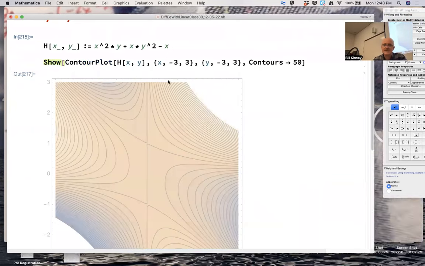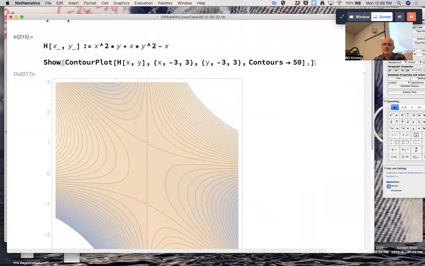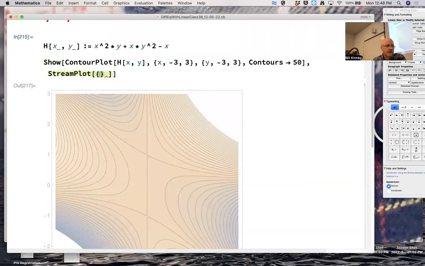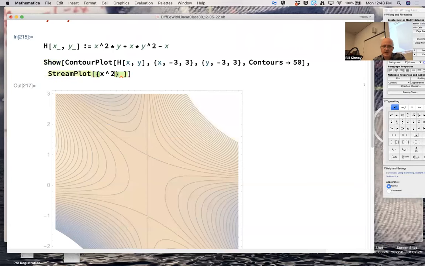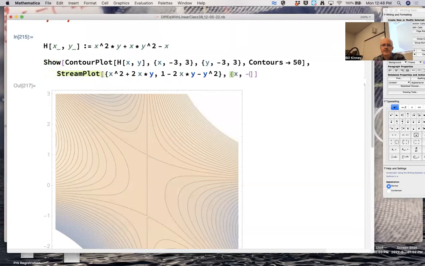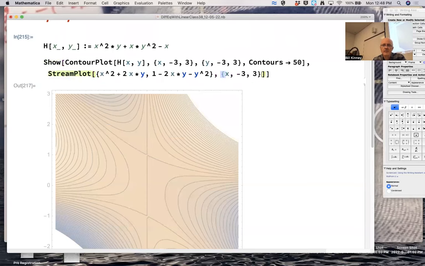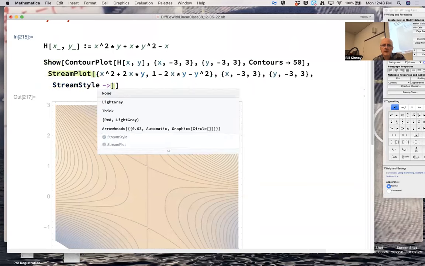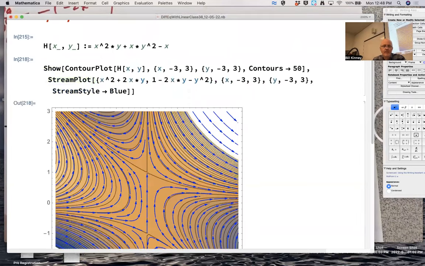But if we're after seeing what it looks like as fast as possible, use StreamPlot for the given vector field, which was the system of differential equations: x squared plus 2xy, comma, 1 minus 2xy minus y squared. Okay, and you can see those solution curves, which is what those are supposed to represent, do seem to lie on top of the level curves.